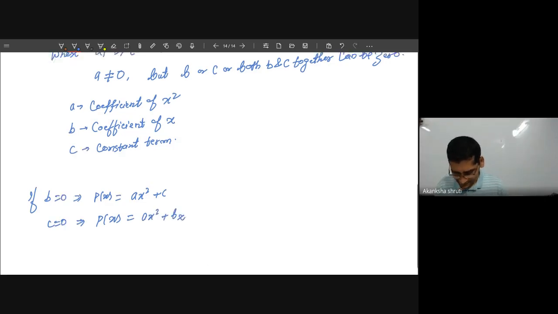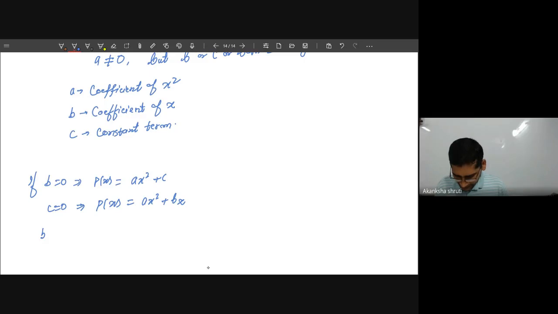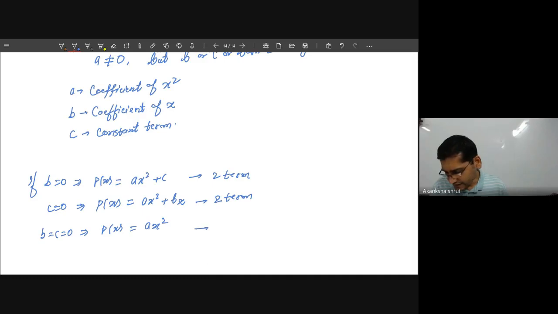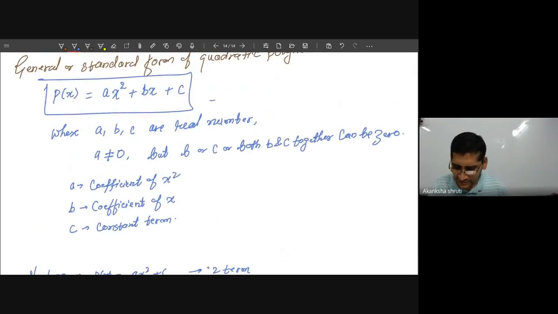If both b and c are 0, it means the polynomial has only one term. So in this case it has two terms, in this case it also has two terms, and in this case it has one term only. And if none of a, b, c is 0, then it will have ax square plus bx plus c. So this way the general form has three terms.